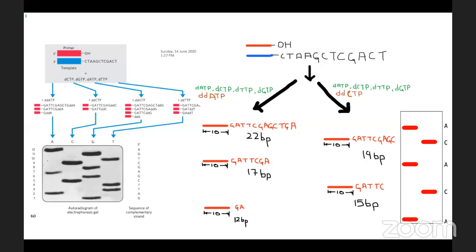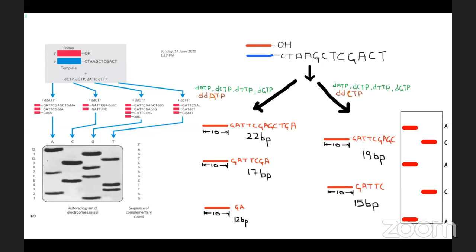So in the first reaction, all these normal bases are there, but we also add a small amount of dideoxy terminator. In this case, the dideoxy terminator is for A only, so it is dideoxyadenosine triphosphate.